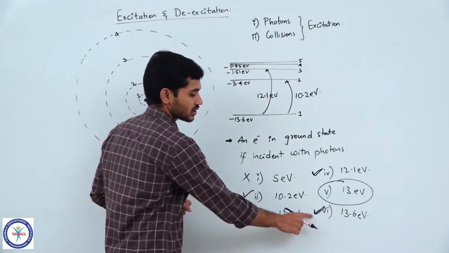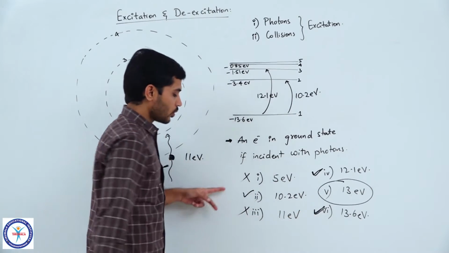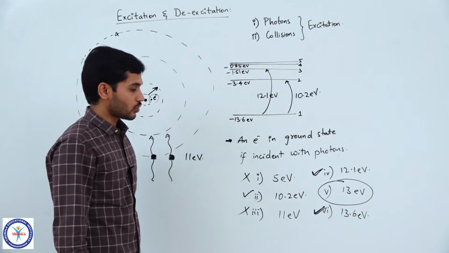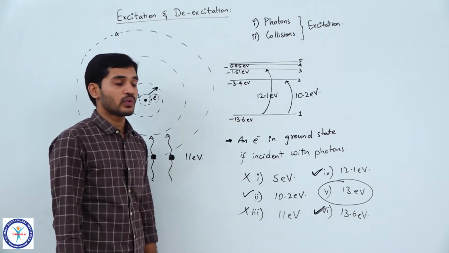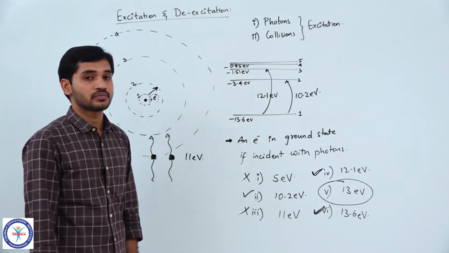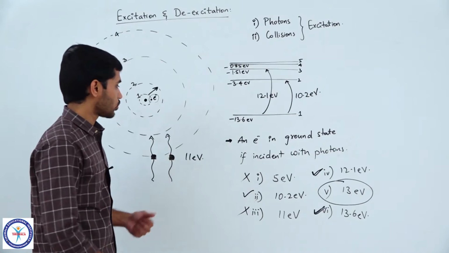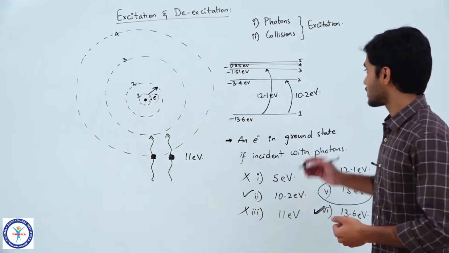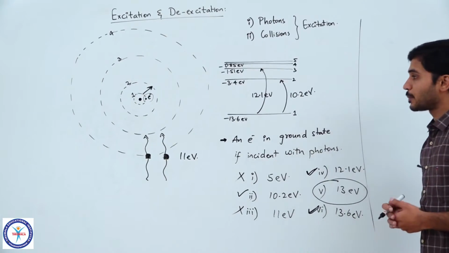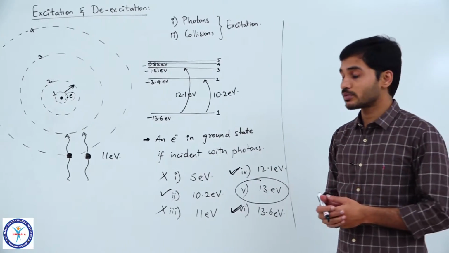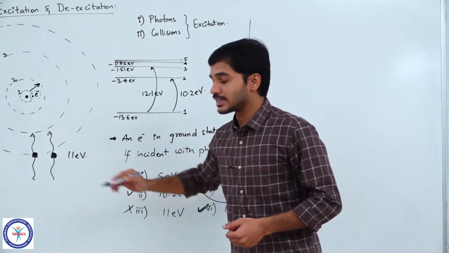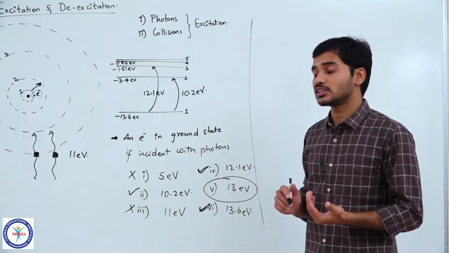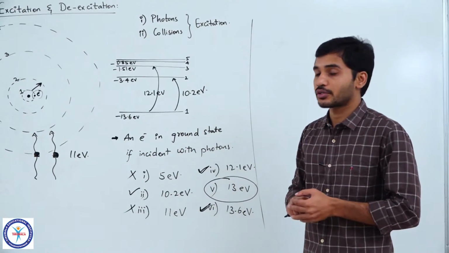So, these are the photons which can be absorbed, whereas these cannot be absorbed. So, that is how we can understand the excitation of an atom or an electron using a photon. And we can also talk about a few more energies of photons. It might also be possible that the photon which is incident might have an energy greater than 13.6 electron volts.